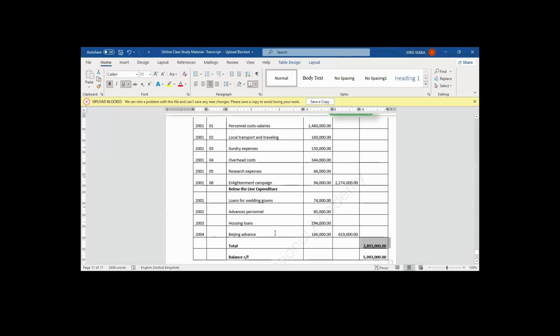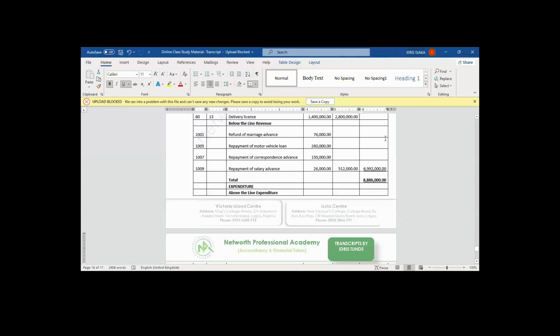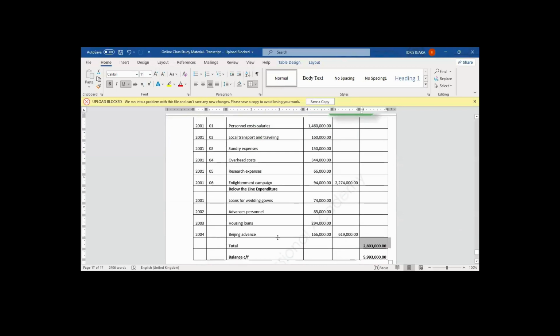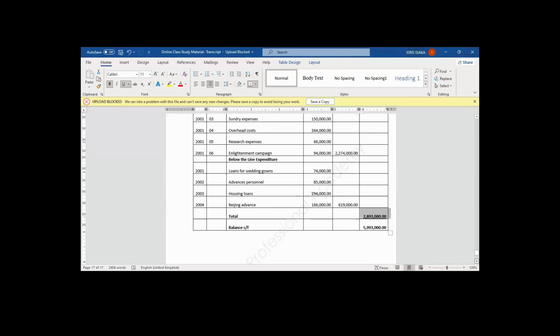You now minus that 2,893,000 from the total revenue, which is 8,886,000, so that you can get your balance carried forward, which is the closing balance, 5,993,000.